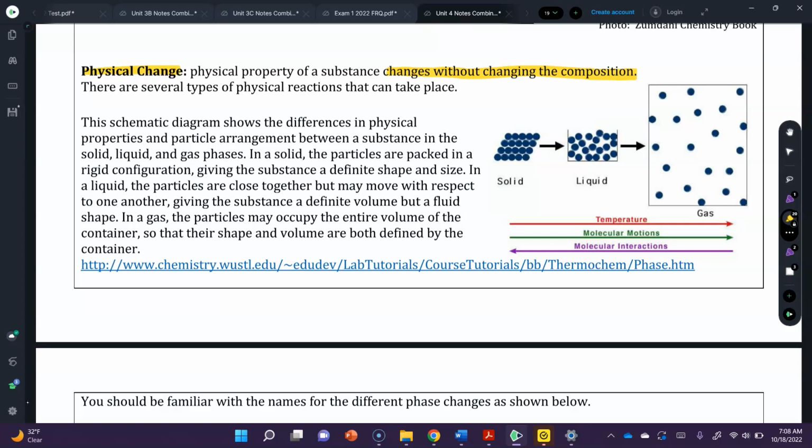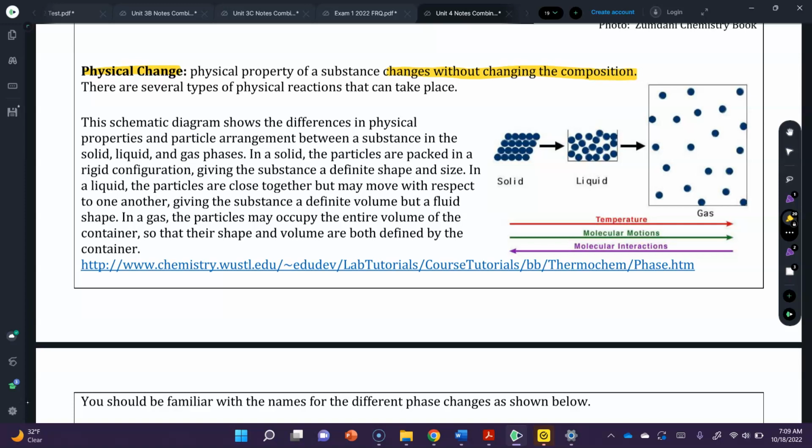So this includes state of matter changes, as well as tearing things like cutting wood, tearing paper, those kinds of things. You aren't changing it chemically, but you are altering what it looks like physically. So dissolving salt is considered a physical change because you can get it back.